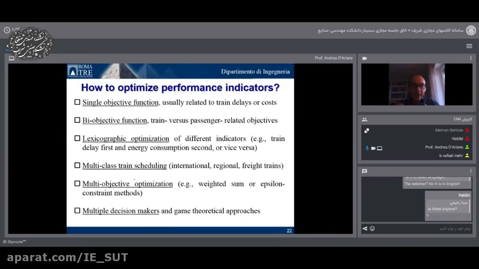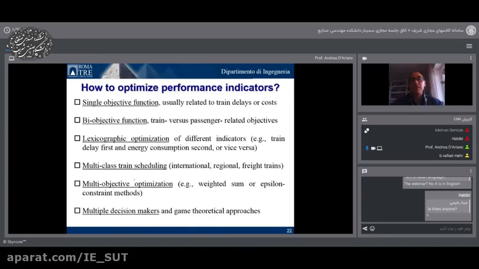They all have a role in the game because the passengers can decide which train to take, and the infrastructure manager and the train operating company can offer different types of services. So here there's a kind of Stackelberg game in which the leaders are the train operating company and the infrastructure manager, and the followers are the passengers.